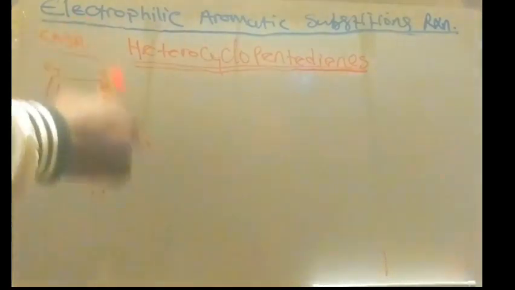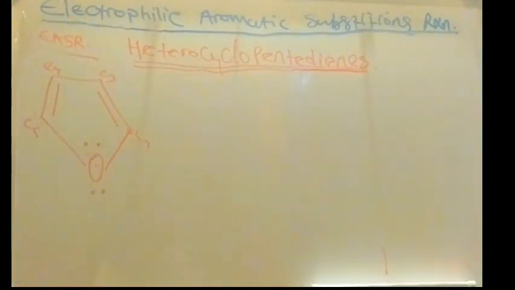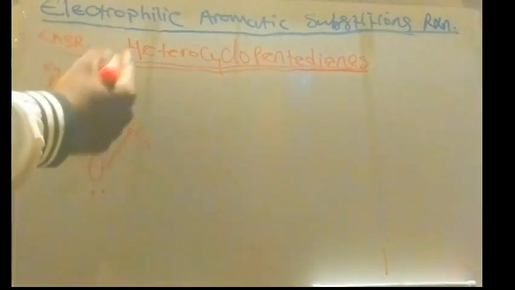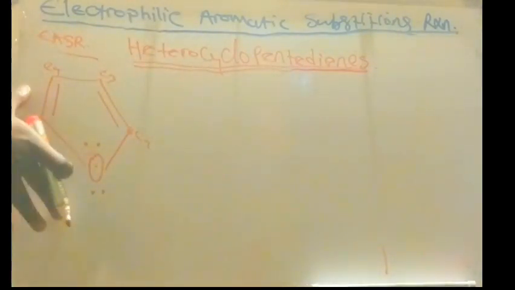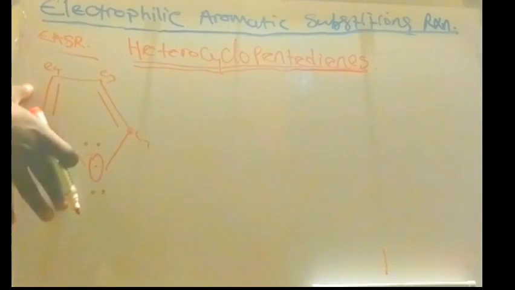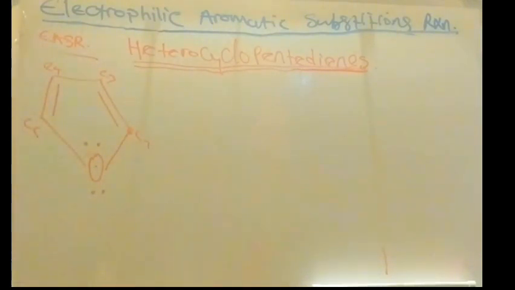So let us number these carbons in that order. Of course, if you are starting from this direction, this will be your carbon 2, carbon 3, carbon 4, carbon 5, and so on. Alright, so after numbering, we want to understand the properties of an unsubstituted heterocyclopentadiene ring.